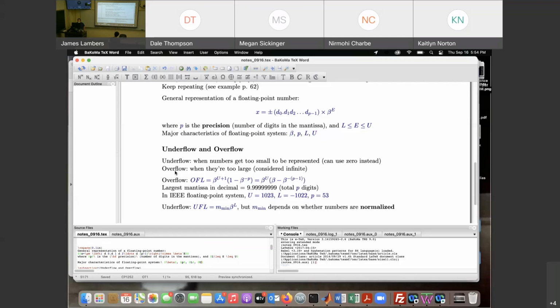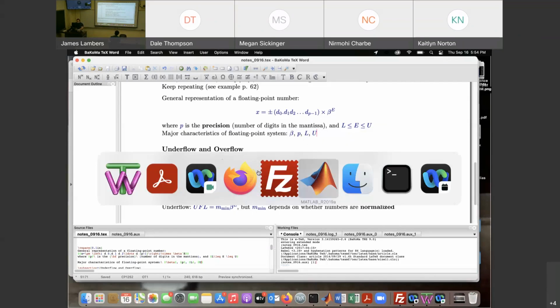The opposite situation is a big problem: overflow. If your range of exponents is, say, for example, minus 20 to 20 in base 10, then a number like 10 to the 100 cannot be represented. You can think of it as infinity as far as the floating point number system is concerned. And in fact, as an example, I'll go into MATLAB here.